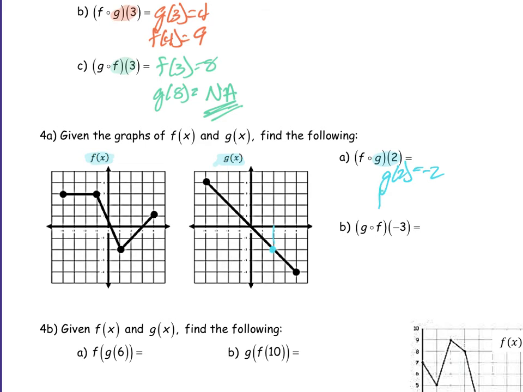And then I want to find f of negative 2. So I'm going to go to my f graph, and I'm going to go to negative 2, which is here. And so y equals positive 3. That's my answer.